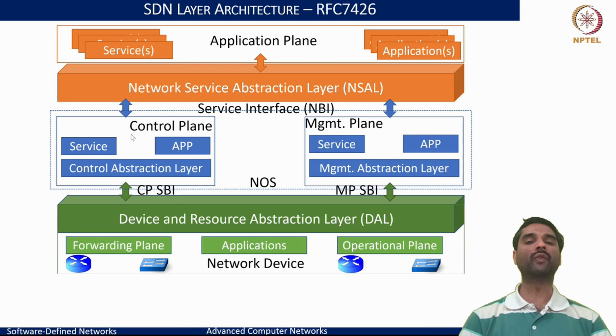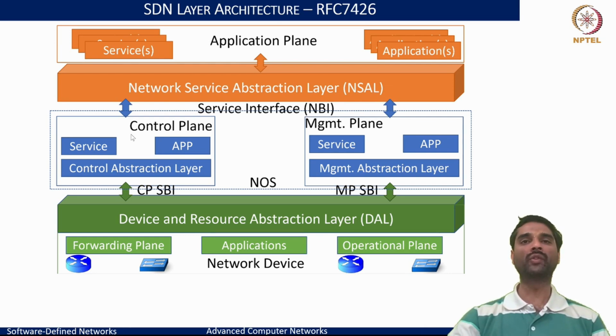And we can even think of NAT as an application, MPLS as an application that could utilize the control plane services to actually configure these rules onto the network devices.